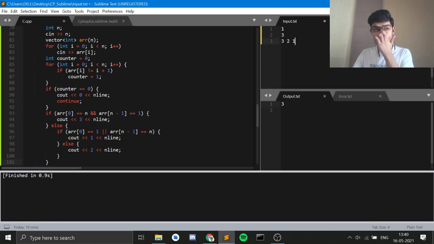Yeah, this should require 3 steps actually, because first you have to move one to the side, and yeah.